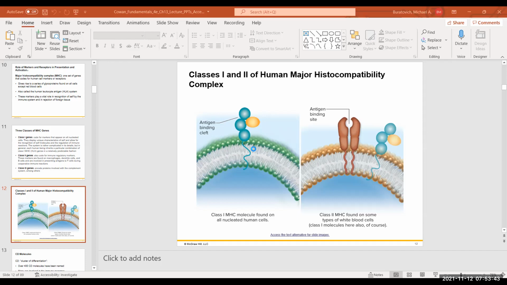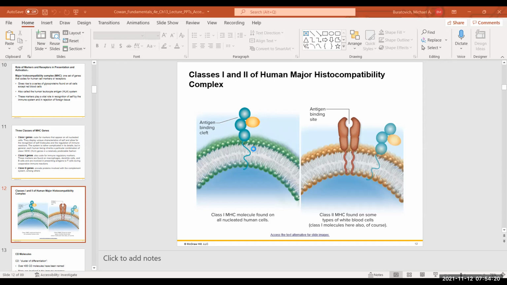Okay. We ended last time talking about these barcodes that are on the surfaces of everybody's cells. And there's two main classes of these. These HLA proteins fall into two classes: class 1 proteins and class 2 proteins.